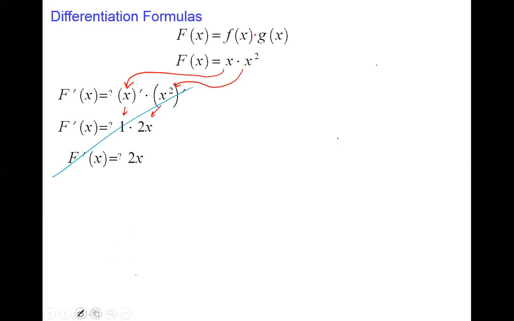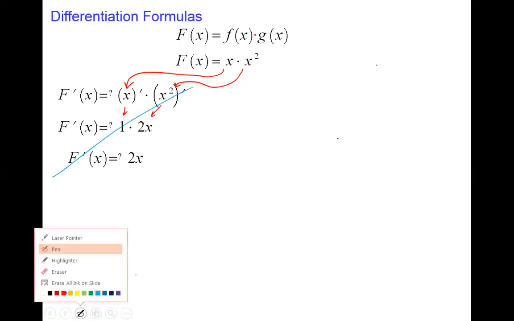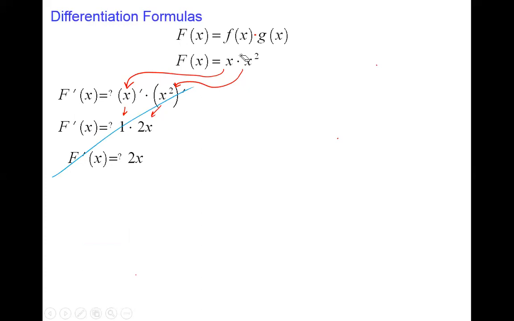Because what we can do, we can check this. In this case, of course, it's obvious that having x times x squared, I can combine them together. They are the same type of function. Not always will I be able to combine, because let's imagine a function like x times sine of x, or maybe x times the exponential function e to the x, which will be later.